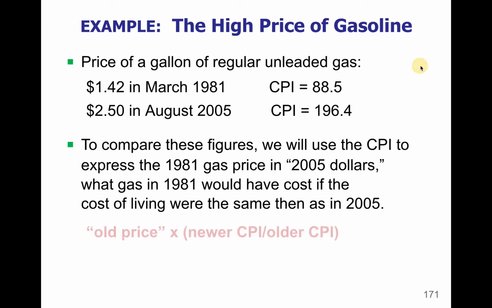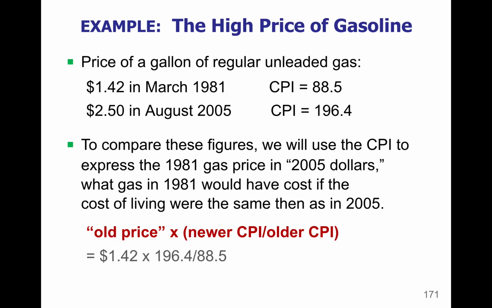To do that, we take the older price, the $1.42, and multiply it by the new CPI over the older CPI. When we do that, it means that gas prices in 1981 would have been $3.15 in 2005.